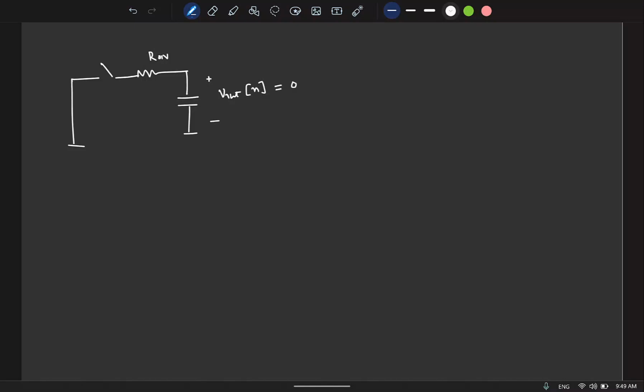But unfortunately that is not the case because of the finite non-zero temperature, the electrons in the resistor have some random motion, and that random motion induces random current, and because of that, if you look at the samples, it will be some small non-zero values like this. And this is the thermal noise.